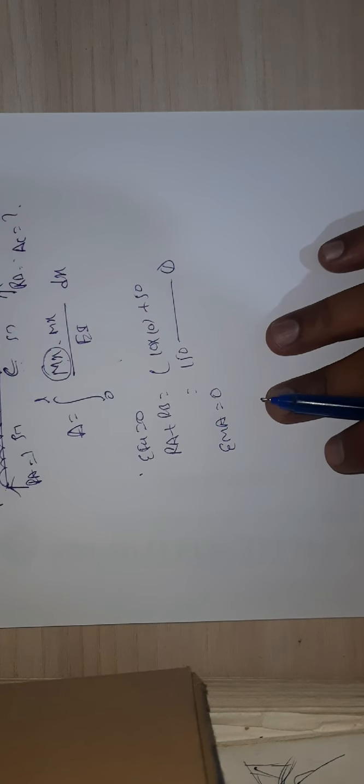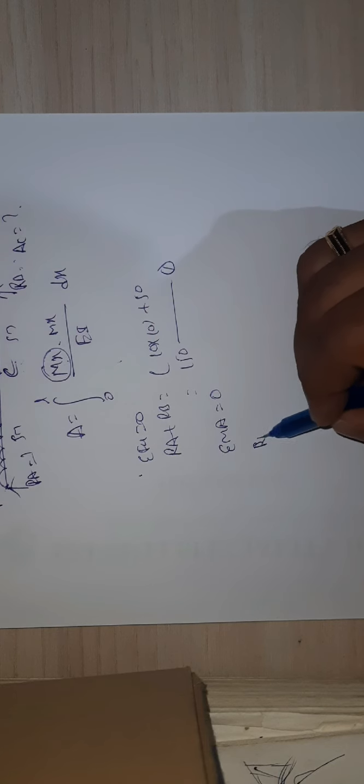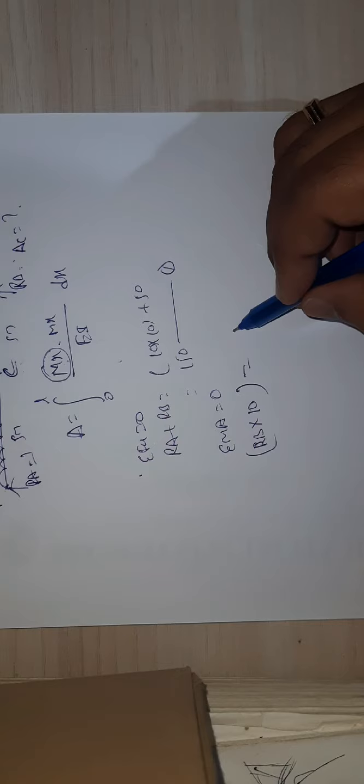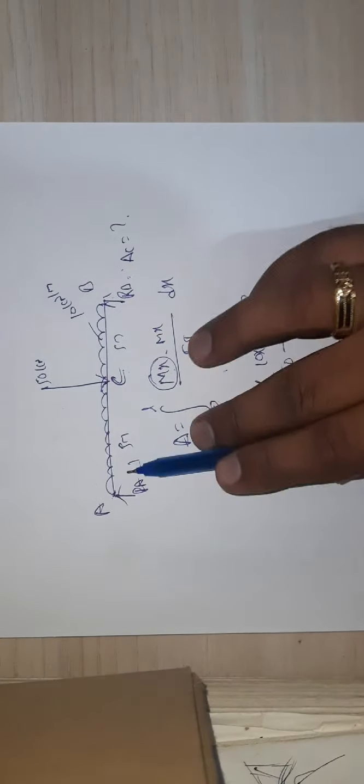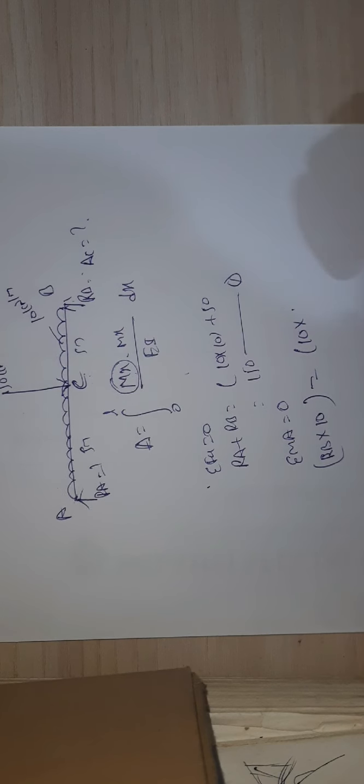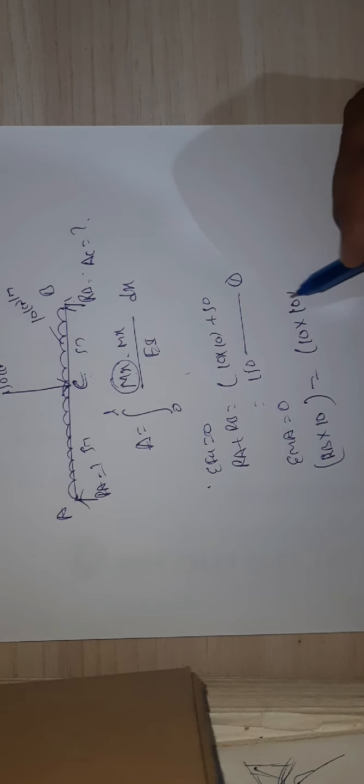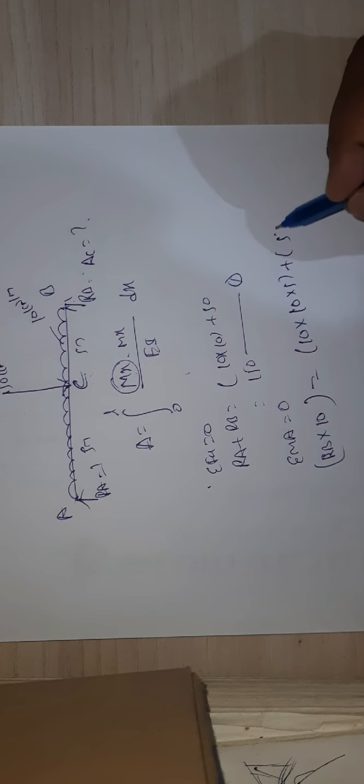Take this as equation number 1. Then use sigma MA equals 0. RB into 10 equals how much? RB into 10 equals 10 into 5 plus 50 into 5.